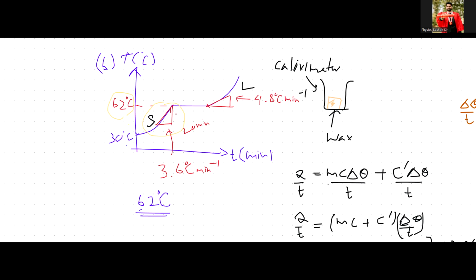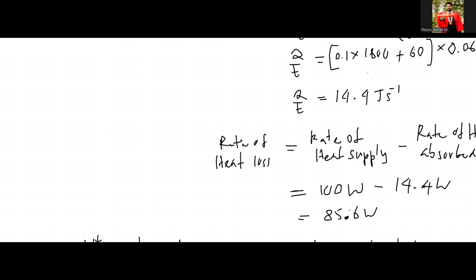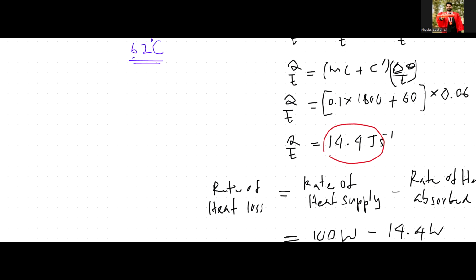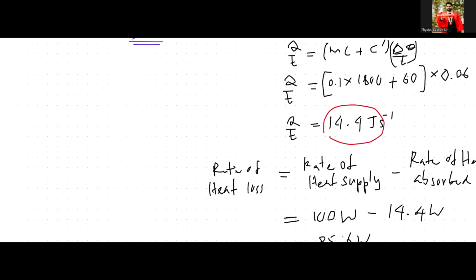Because the temperature does not change, the calorimeter does not absorb the heat. Some amount of heat definitely goes to the surrounding, but we are considering this value. This was the rate of heat absorbed by the system.